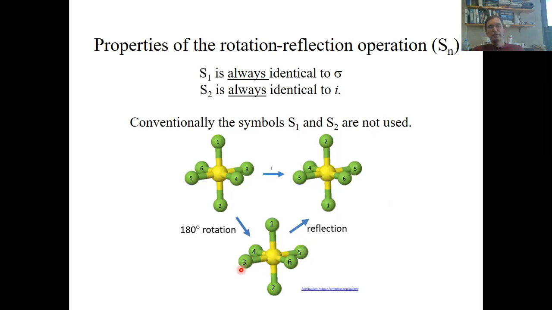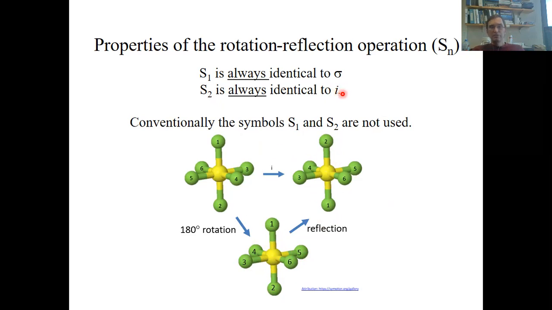Because if we reflect here now, well, in this plane, the atoms 3, 4, 5, and 6 do not move because they are contained in the plane, but the atoms 1 and 2 are getting swapped. Okay? So 2 moves over here, and 1 moves over there. And now we see that the two processes are identical, and that the S2 is the same as the inversion.